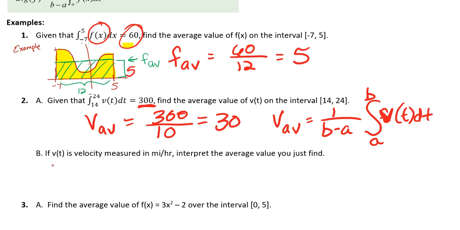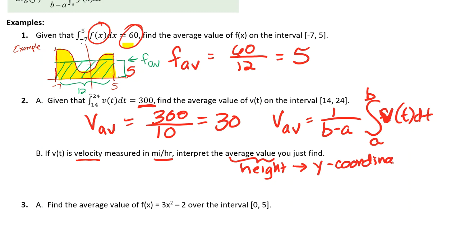All right, so now in B, let's see if we can interpret this. If v is velocity measured in miles per hour, then what did we just find about the average value? Remember that the average value is a height, so it is a y-coordinate.